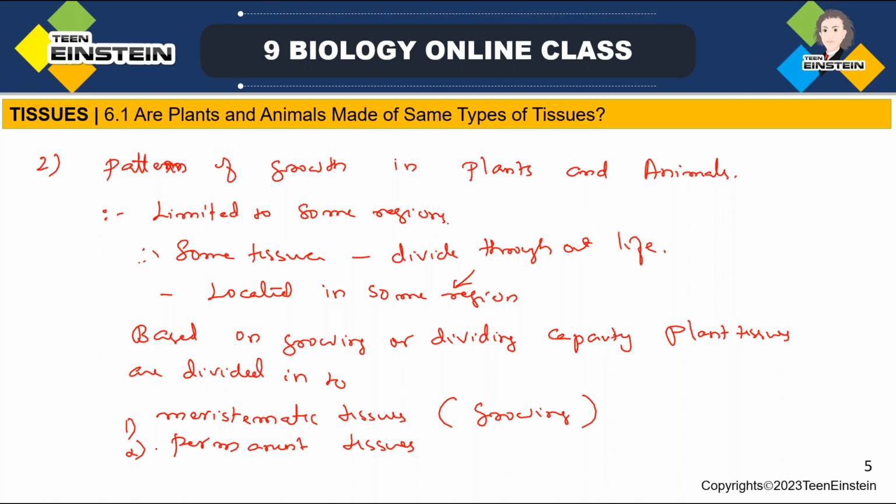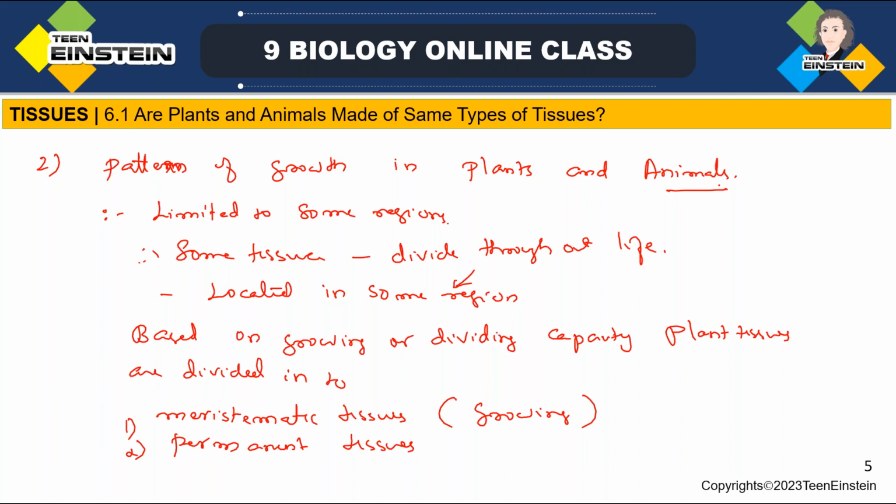But in the case of animals, this is in the case of plants, right? What is there in animals? In animals, their growth is almost uniform. So we can say that there is nothing like a dividing region and a non-dividing region in animal cells.